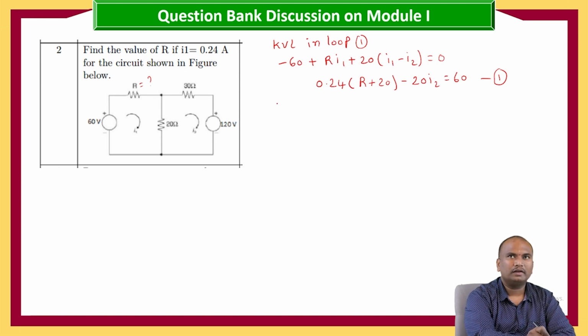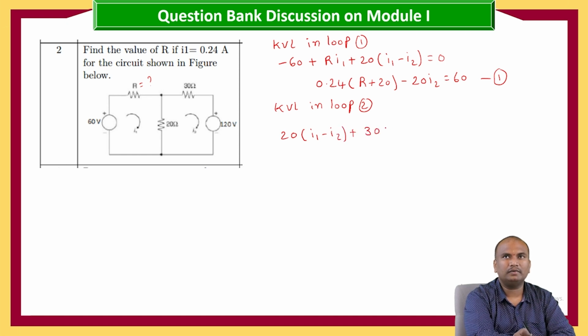Now let us write the KVL in loop 2. That is 20 into I2 minus I1 plus 30 into I2 plus 120 is equal to 0.